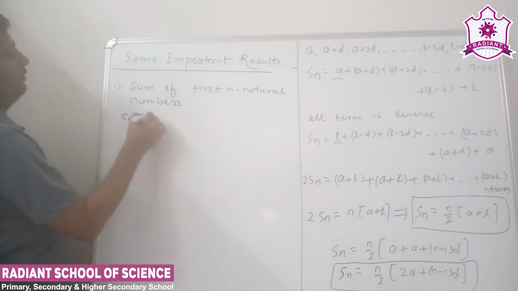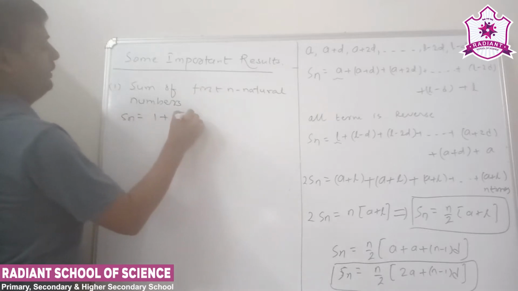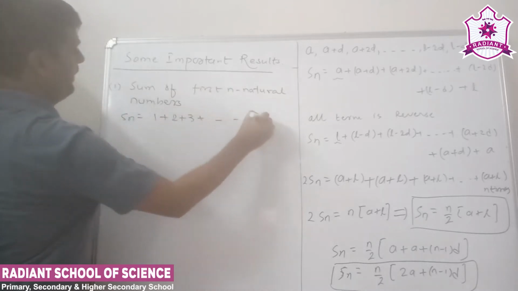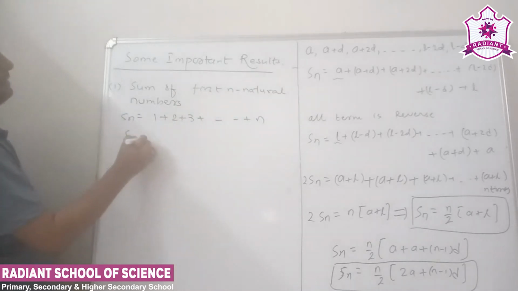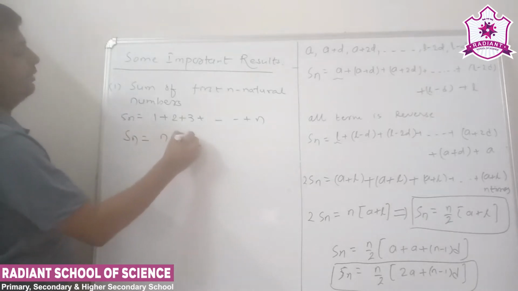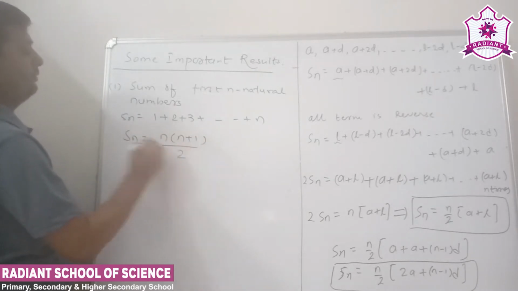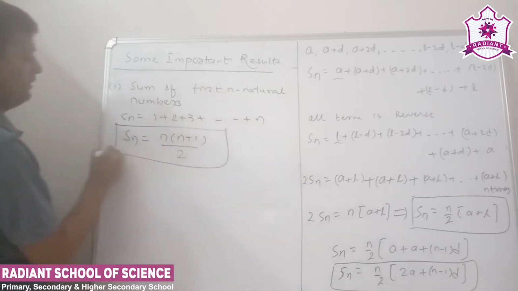So Sn is equal to 1 plus 2 plus 3 plus up to n. Simply, the formula is Sn equal to n into (n plus 1) by 2.